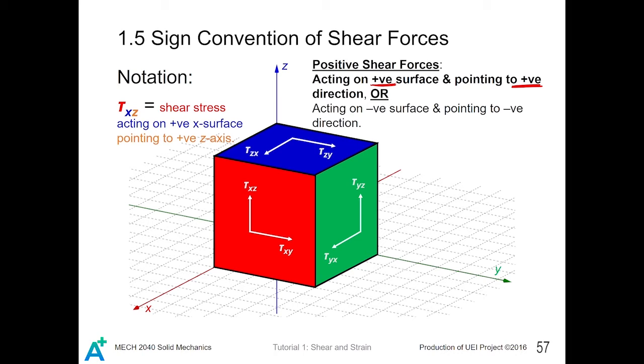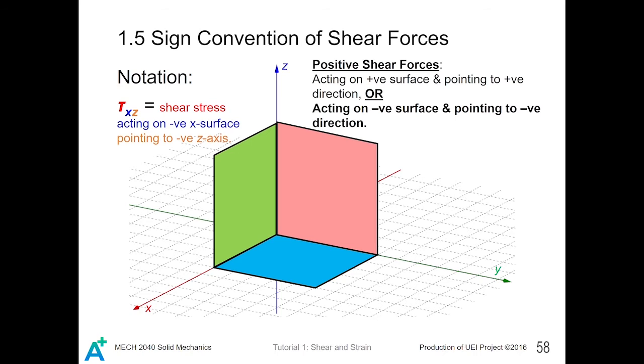And tau xy means it is acting on the x surface pointing in the positive y direction. Tau zx means it is acting on the positive z surface pointing in the positive x direction, while tau zy means it is acting on the positive z surface and pointing in the positive y direction.